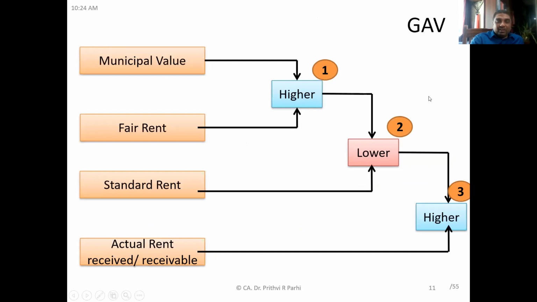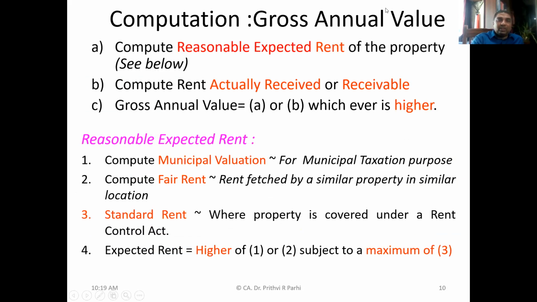Now coming to this part, how to compute this gross annual value? As you have seen, first of all, compute the reasonable expected rent. How it is to be computed, I have explained below. Then compute the rent actually received or receivable.